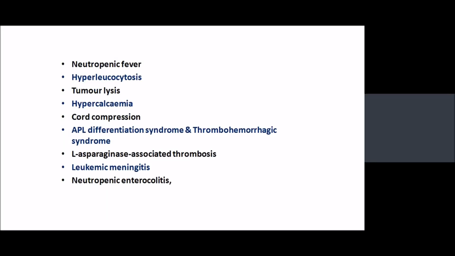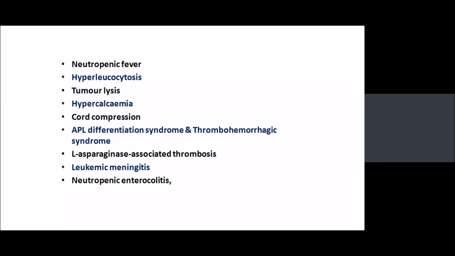You don't have to worry about it too much in Sri Lanka, as we don't have many of them. They are more common in the Afro-Caribbeans and in the Chinese and all that, right? So you don't have to worry too much, but ATLL can classically present with hypercalcemia.